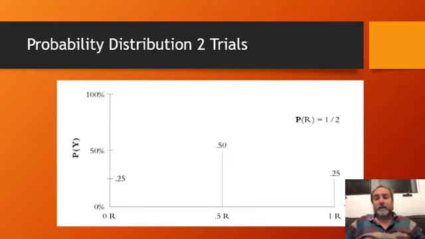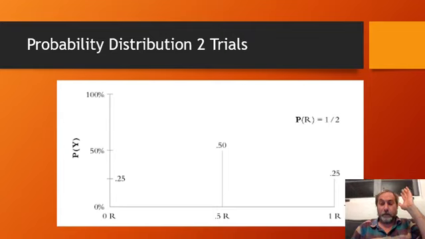So the y-axis there is the probability, and the x-axis here is the relative frequency, right? So saying it all again, the probability of getting a relative frequency of 0.5 Rs is 0.5. The probability of getting a relative frequency of 0 Rs is 0.25, and the probability of getting a relative frequency of Rs of 1, meaning all Rs, is 0.25.